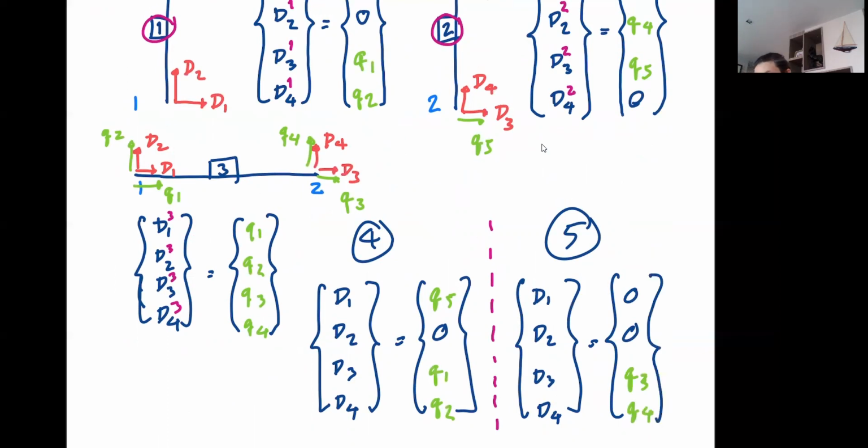After you're done with this, it's a good idea to come back and put the superscript on it so that you know it's member 4, and this is 5. Any question? Simple enough, right?